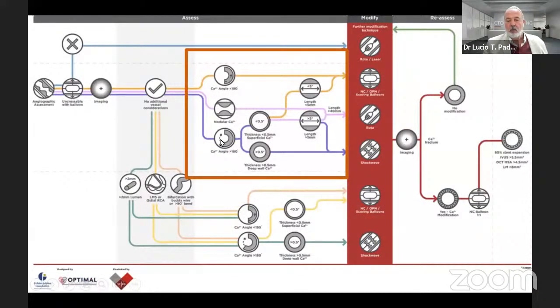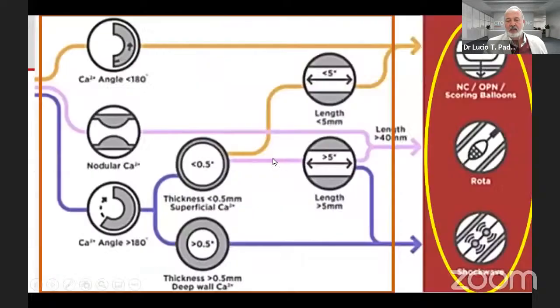So we have a 360 concentric calcified plaque with an under-expanded stent, more than 180 degrees, more than 0.5 millimeters thick and more than 5 millimeters long.